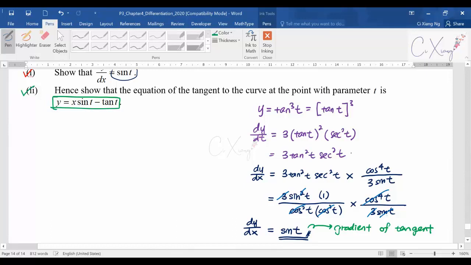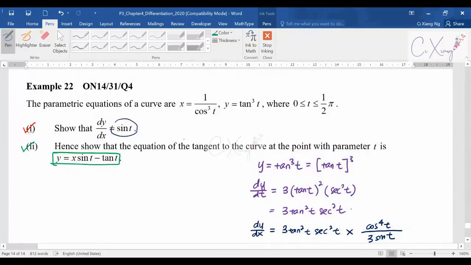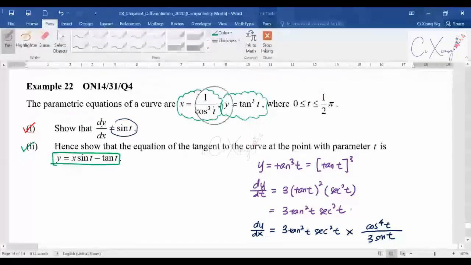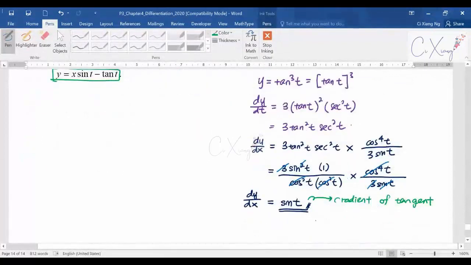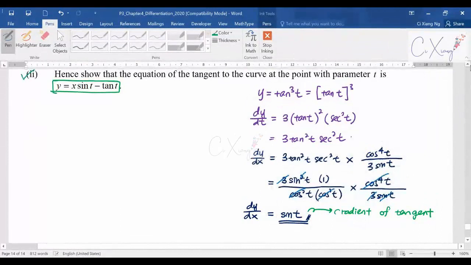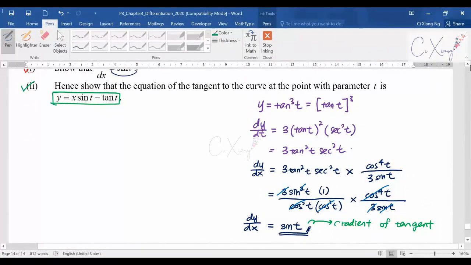Then what happened to the coordinate? The coordinate that you are going to use is from the parametric equation, because they tell you the x coordinate is 1 over cos power 3t, and the y coordinate is y equals tangent power 3t. So this is the x and y coordinate, and this is the gradient of tangent. I'm going to use this information to form the equation of tangent.